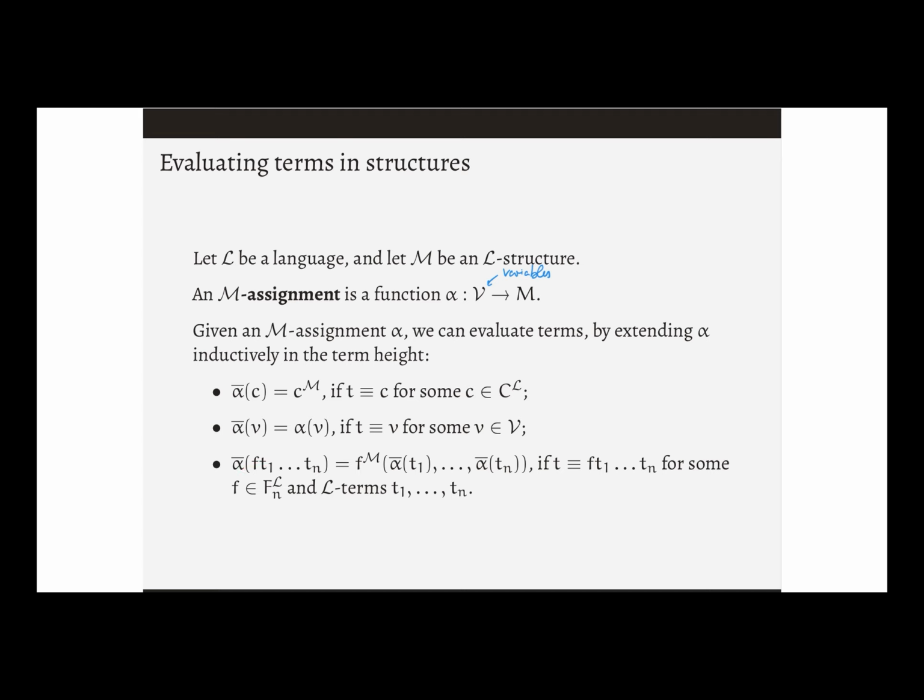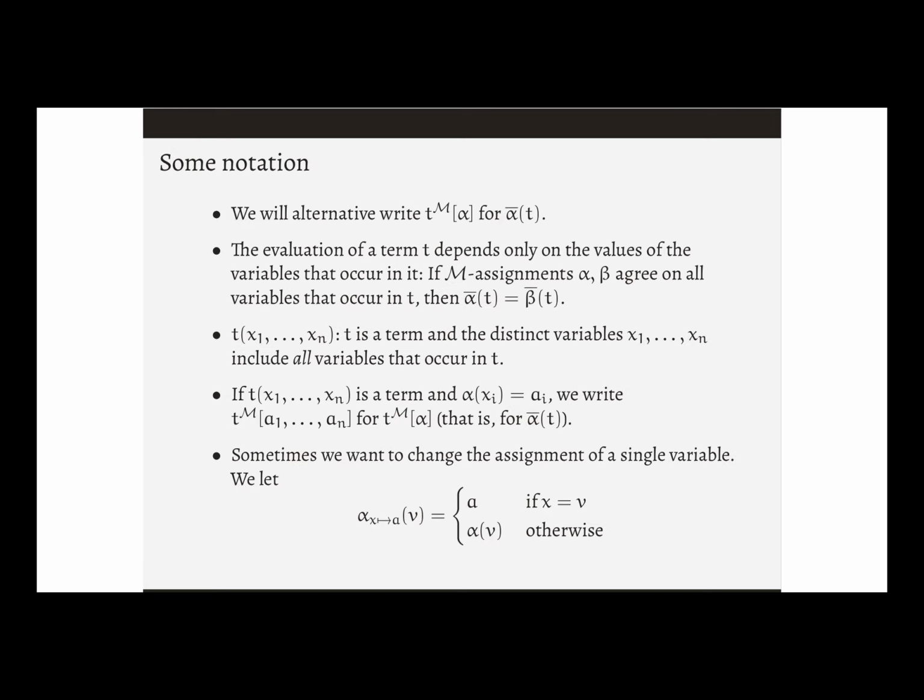Once we have the two base cases covered, we can now extend this inductively. If a term is of the form f t1 through tn, then to extend it, we just use our alpha bar that's already defined for the smaller terms, and apply the interpretation of the function symbol in M to it. This gives me again a value in M. At this point, it's probably good to fix some notation.